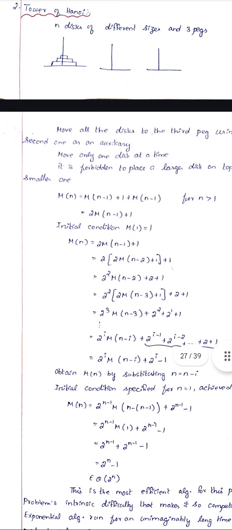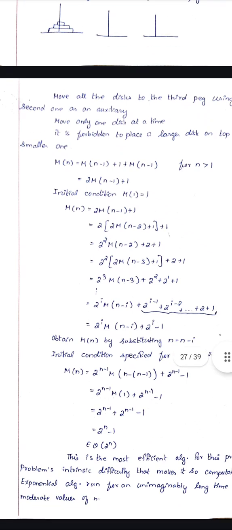Then initially it will be m of 1 equals 1 here, since there are 2m of n minus 1. So firstly 2m of n minus 1 plus 1, n is taken out as n minus 1.